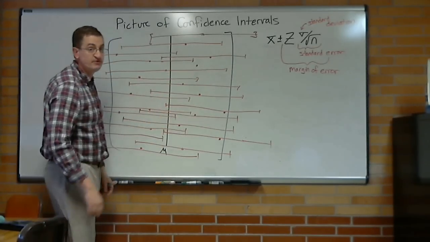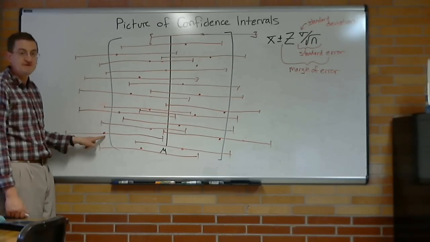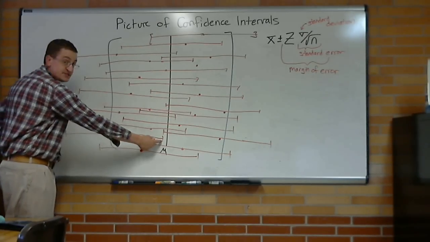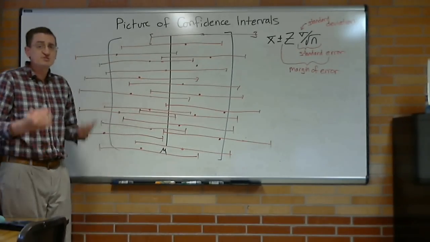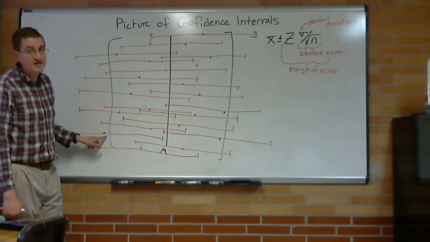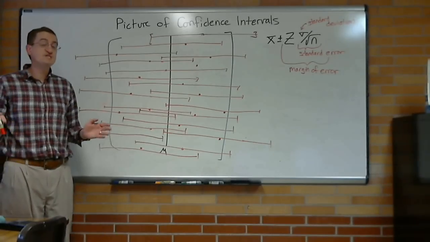If I have 20 dots, we would expect one of them to have landed outside, and here he is. This average landed outside the bound, and because of that, his confidence interval does not contain mu. I'm sorry, that's bad luck, but there's no way for you to do science and guarantee that you'll never get a bad luck answer, something wrong. But it only happens 1 out of every 20 times.